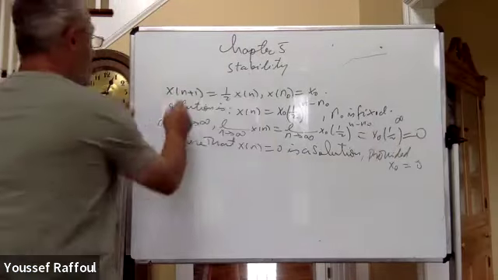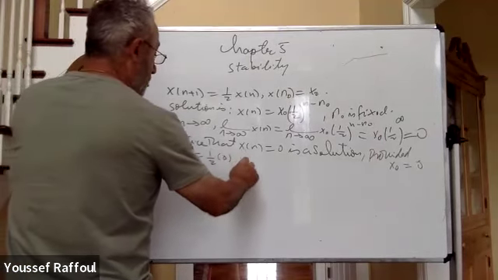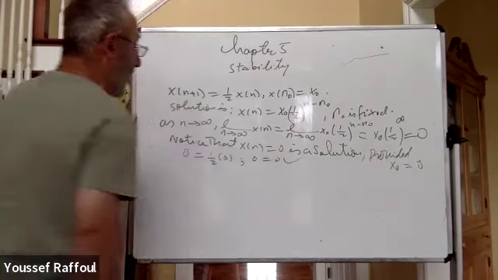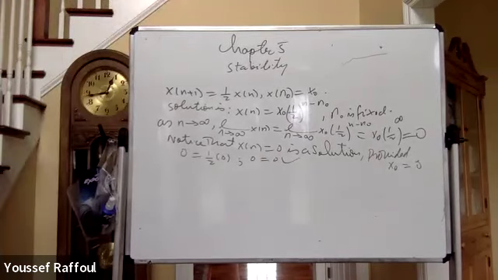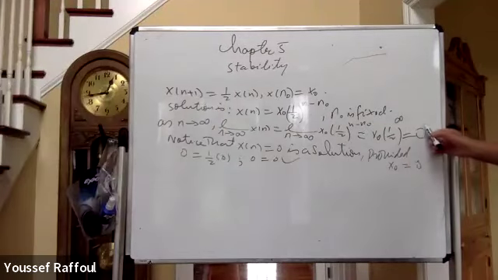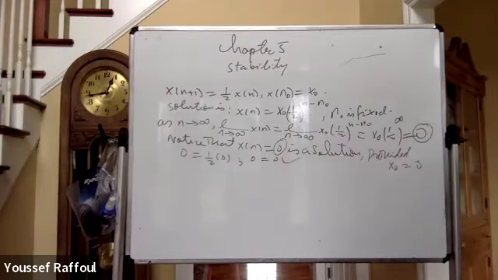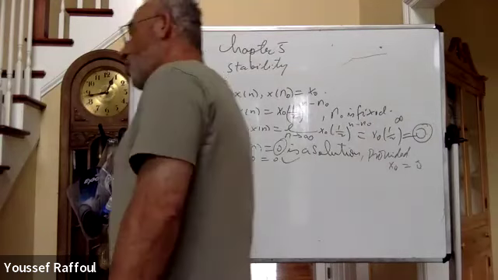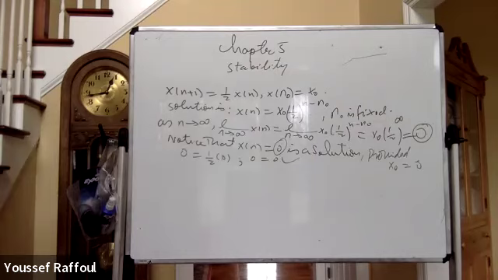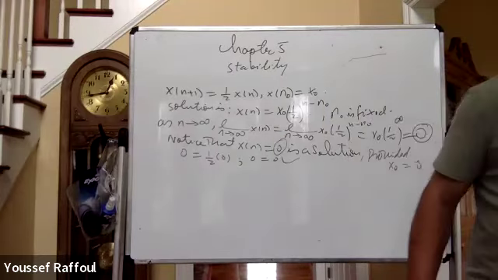For example, you get 0 equals 1/2 times 0, which means 0 equals 0. So x(n) equals 0. And notice here, as n goes to infinity, this goes to 0, which is this one here. So this x(n) equals 0 is called an equilibrium solution, or constant solution, or a fixed point.